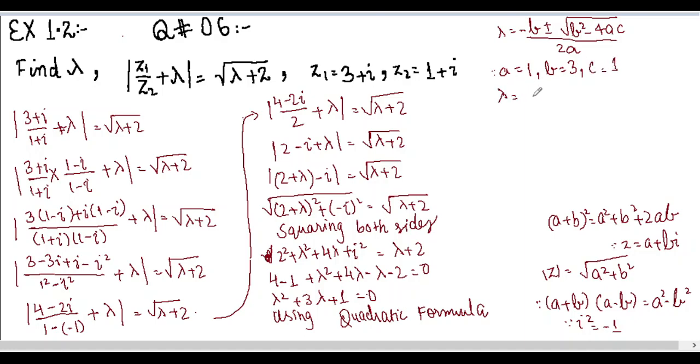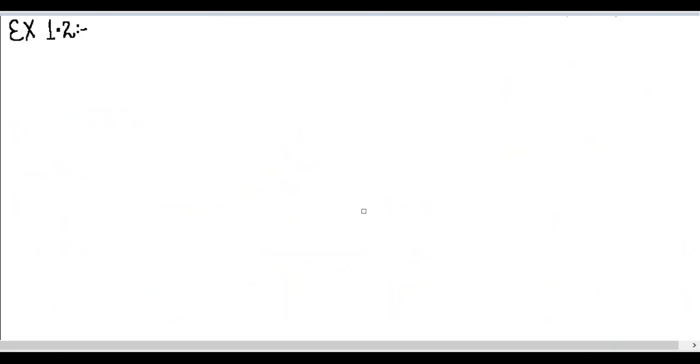So lambda equals minus 3 plus minus square root of 3 square is 9 minus 4 into a into c, which is 1, divided by 2 into a, 2 into 1 is 2. Lambda equals minus 3 plus minus square root of 9 minus 4, which is 5, whole divided by 2. This is our answer. Thank you so much.